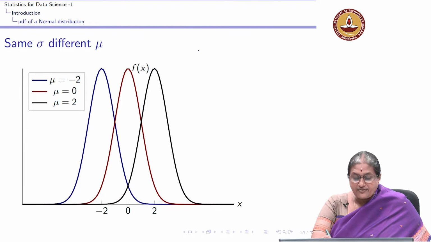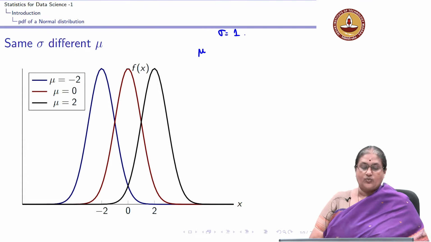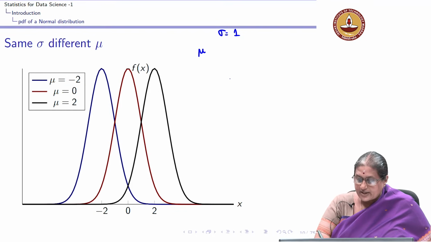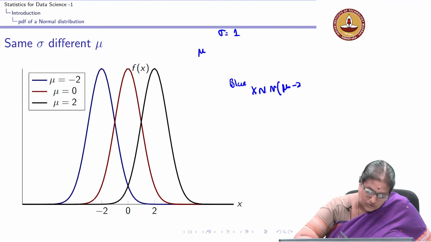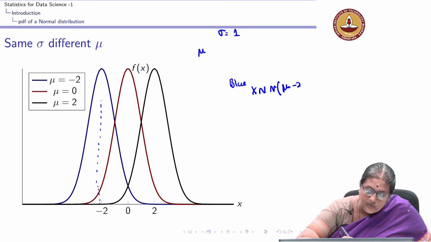However, here I have plotted the same sigma equal to 1, but different mu. The blue is a normal with mu equal to minus 2 and sigma equal to 1.